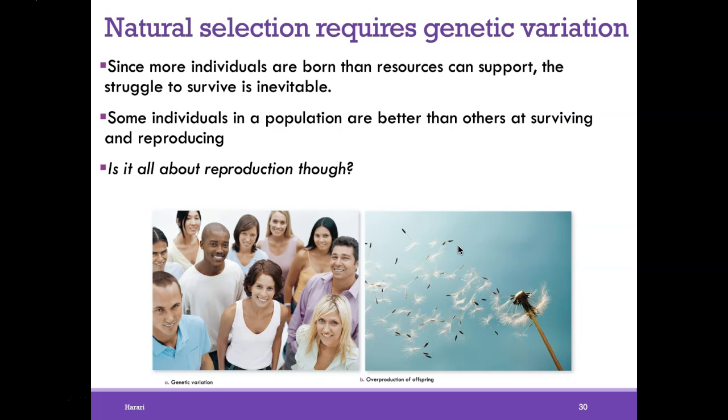So it's not enough to just reproduce. You have to have the available resources to allow those offspring to survive. And oftentimes it requires that a population has certain individuals that reproduce and certain individuals that don't reproduce. So those non-reproducers can help support the reproducers and function as a society.